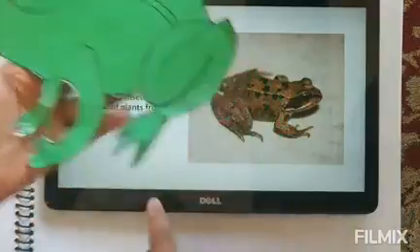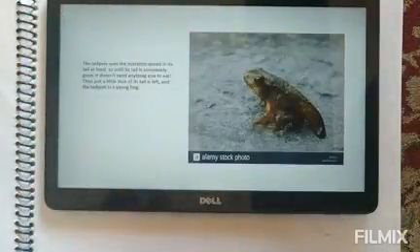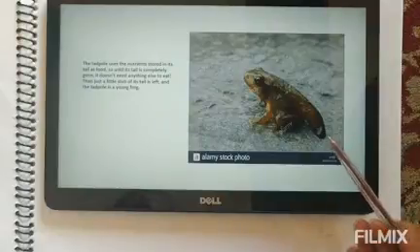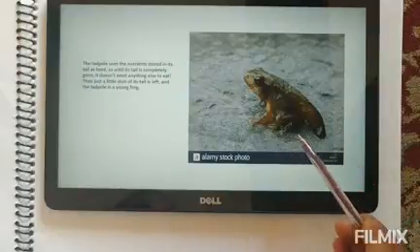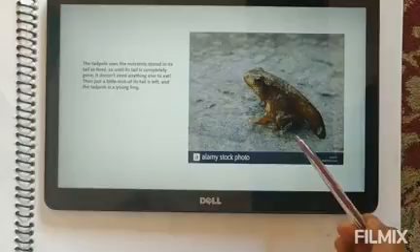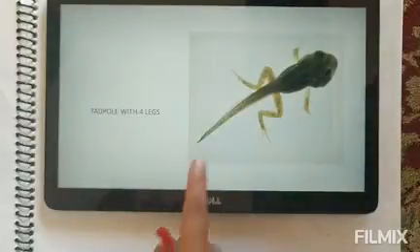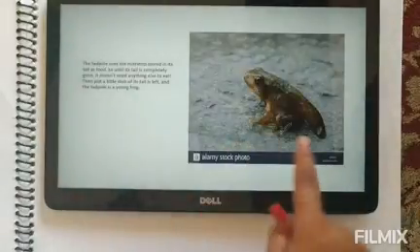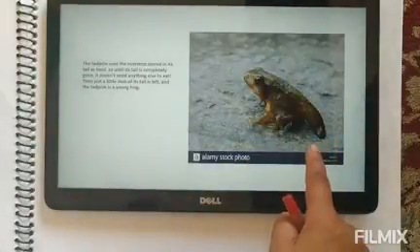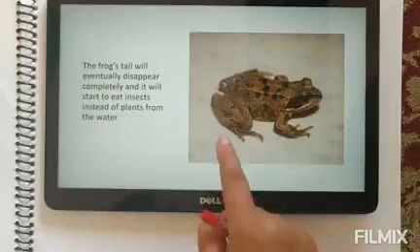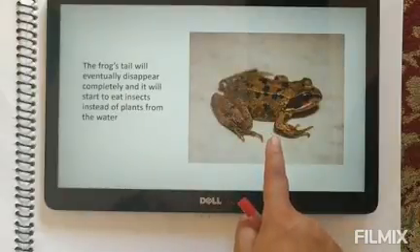Okay, and there's one more thing I just forgot to mention, that is this frog is called a froglet. What is it called? A froglet. Okay, this is a tadpole, this is a froglet, and a froglet will change into a frog.